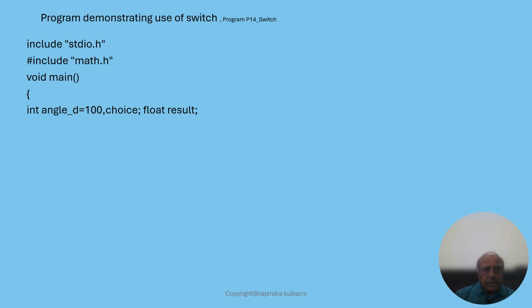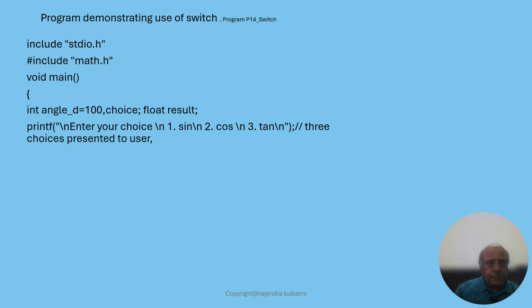We have declared int angle_d equal to 100. This is the angle in degrees. Then there is a variable choice which is also int type, and result is float. We are asking the user to enter his choice whether he wants sine, cosine or tan of the angle.